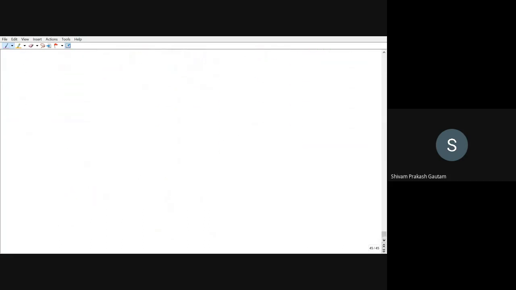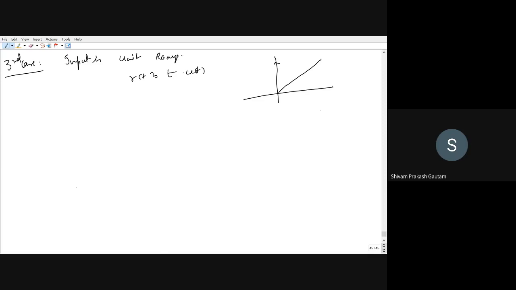Now we will see the third case. The third case is when the input is a unit ramp, that is r of t will be equal to t u of t. It is something like this. This is the ramp function.